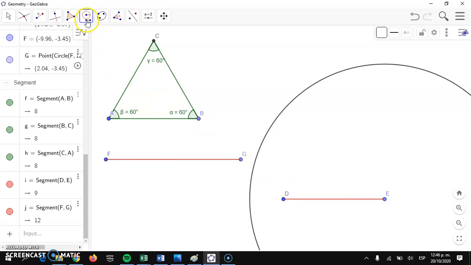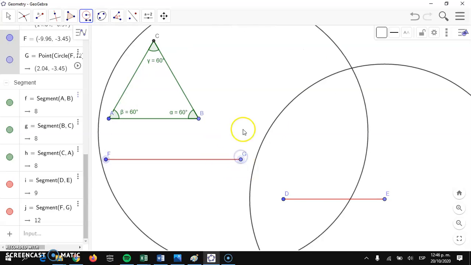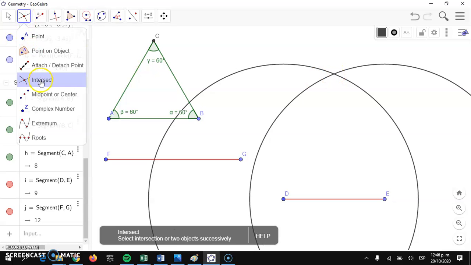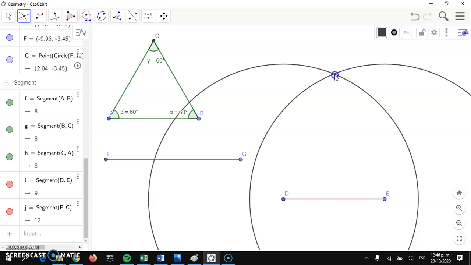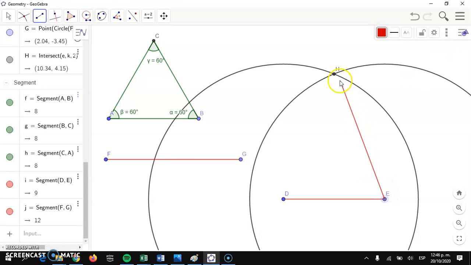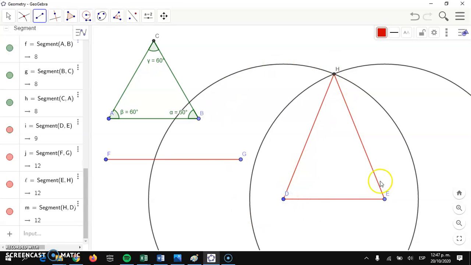I'm going to do the same, but this time the center of my circle is going to be in here, in D. And again, you got an intersection that is going to be in here. We're going to mark this intersection, and we are going to use again the function segment. In this case, I'm going to change the color and go from E to H and H to D. And then you have it.